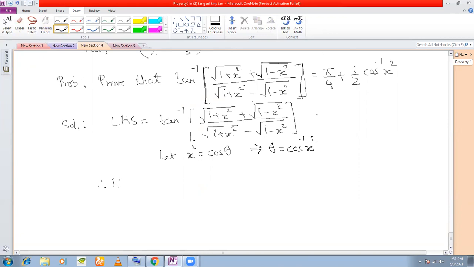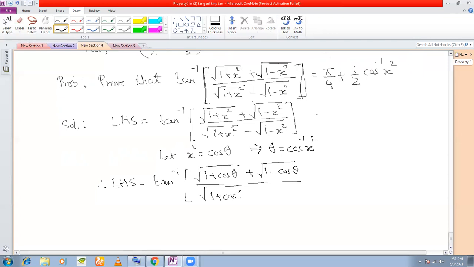So what does LHS become? LHS becomes tan inverse of (root 1 plus cos theta plus root 1 minus cos theta) divided by (root 1 plus cos theta minus root 1 minus cos theta).